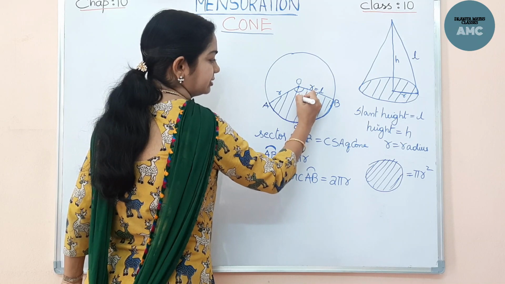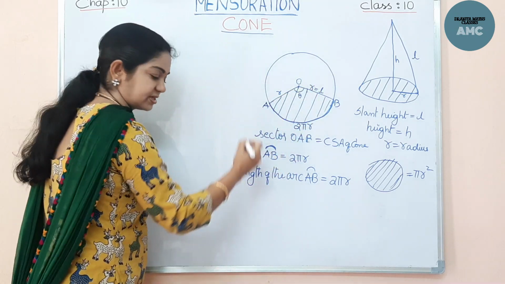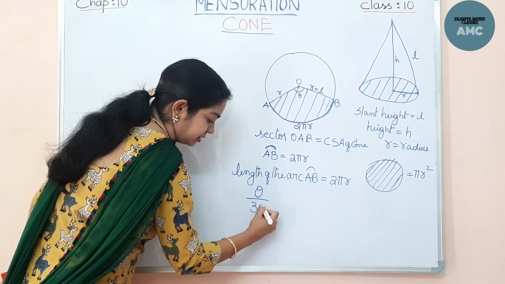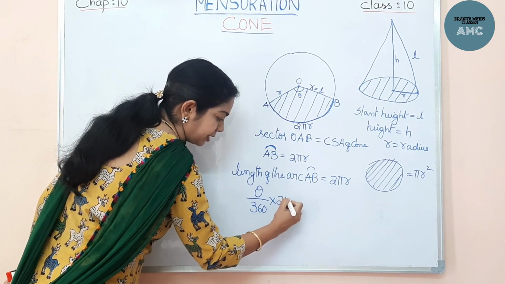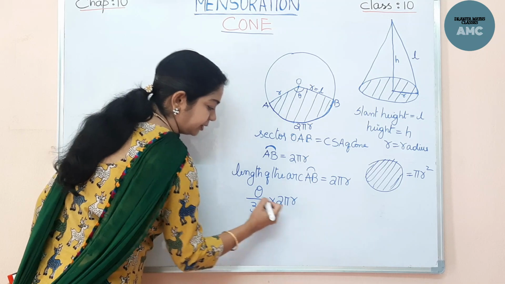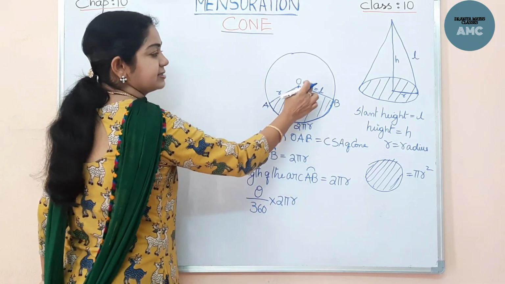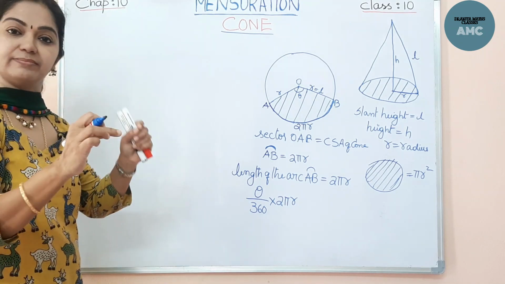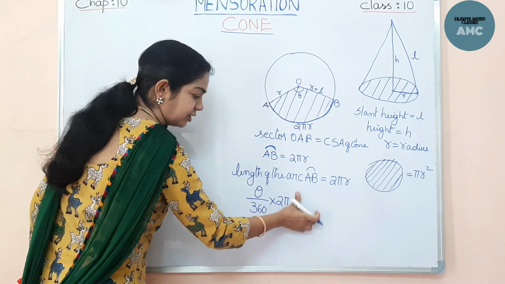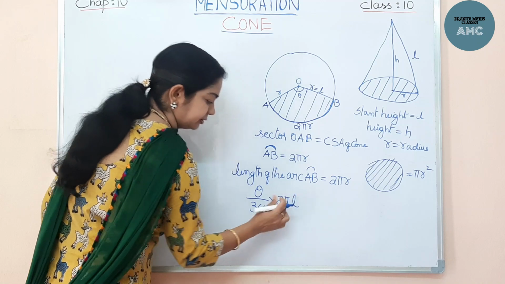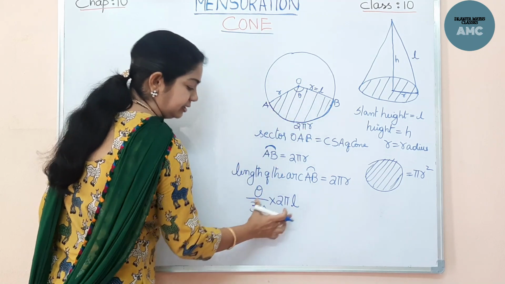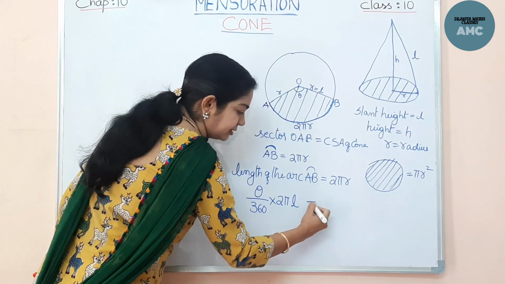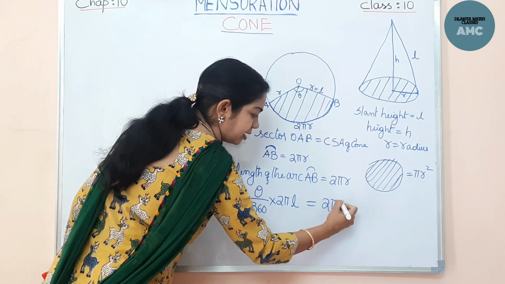If theta is the angle of the sector, the length of the arc is given by theta by 360 into 2 pi r. But this r is nothing but the L. When it is folded, that r has become the slant height. So instead of r, I'll write L here, because the length of the arc is theta by 360 into 2 pi L. This is equal to 2 pi r.